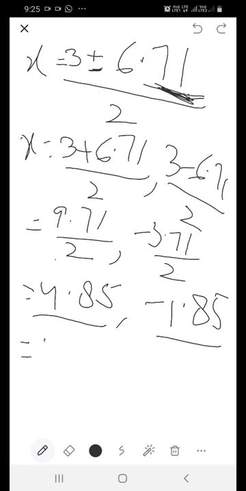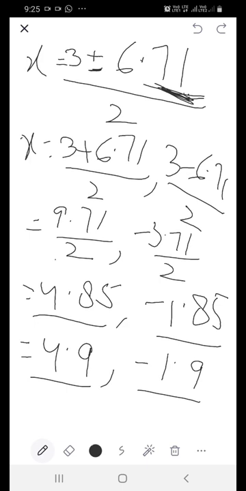So it will become 4.9, and the other value will become minus 1.9. This will be your answer if the question asks you to find the answer till two figures. If you do not change it to two figures, then your marks may be cut in the exam.